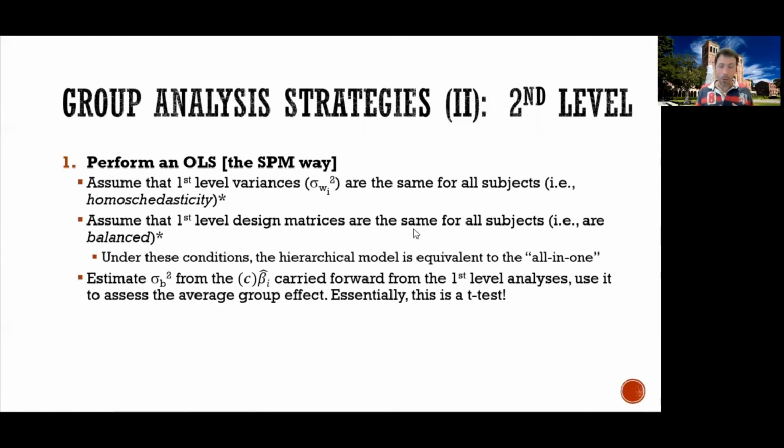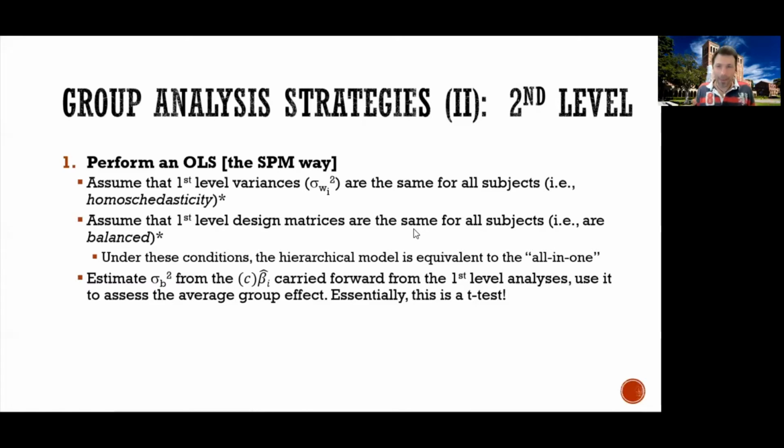Okay, so the idea is we can't do the all-in-one. We will do the summary statistic approach. Under these two assumptions, under sphericity, which means under homoscedasticity and under balanced X matrices, the summary statistic and the all-in-one are identical.